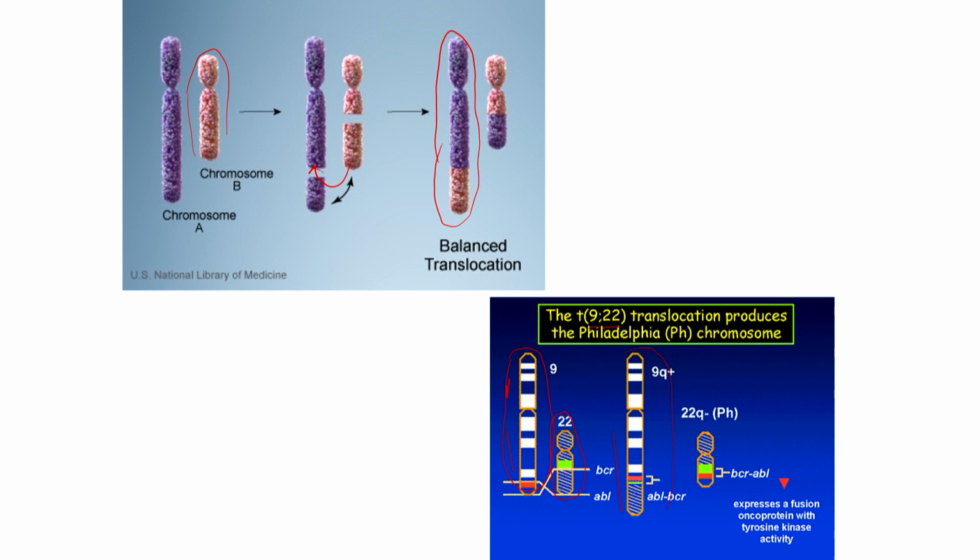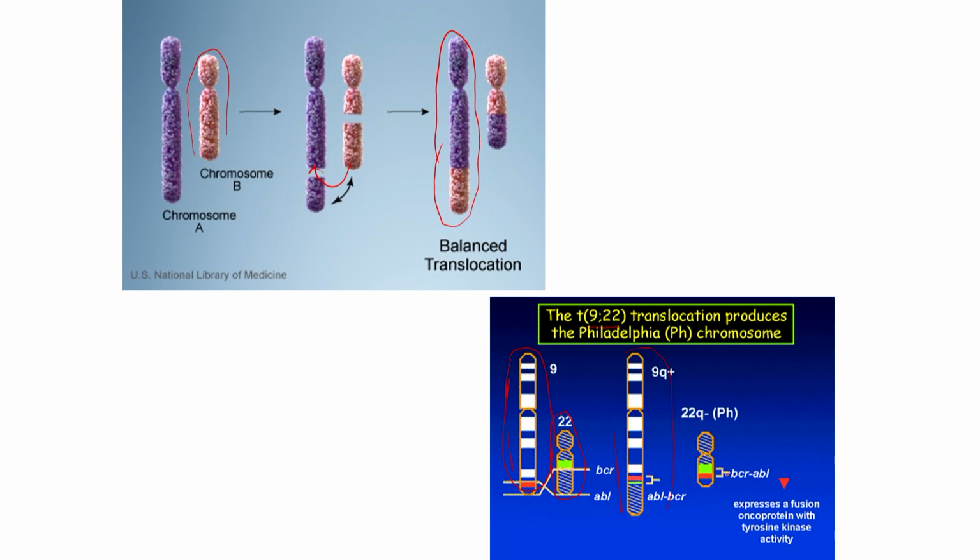What important thing has happened is that two genes, a gene called BCR, which was here, and a gene called ABL, which was here. So this is ABL and this is BCR. These two genes have come together. So now you have BCR and ABL together.